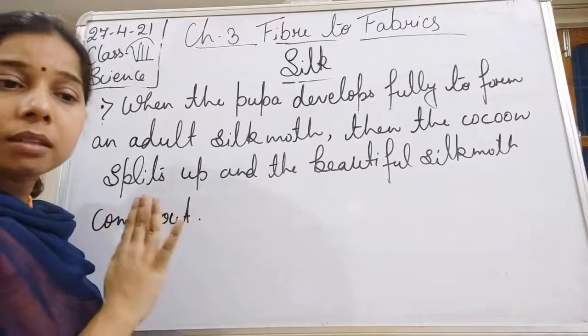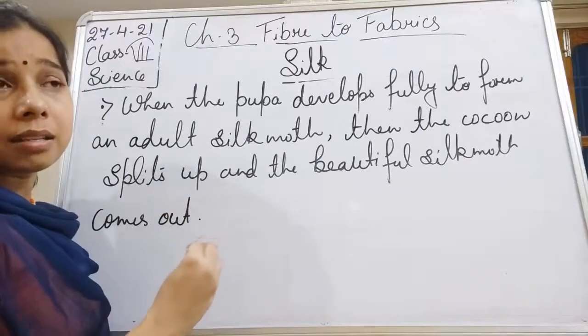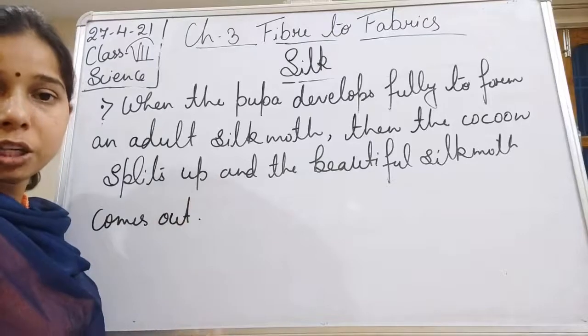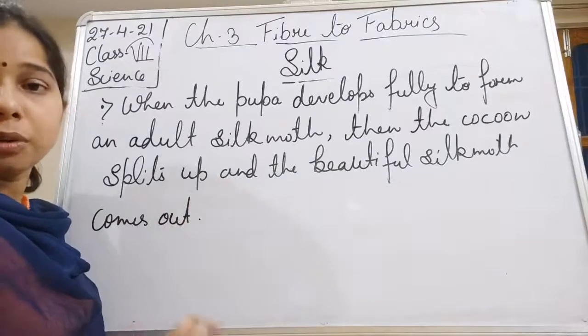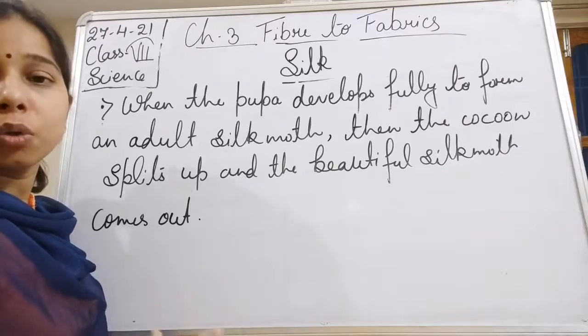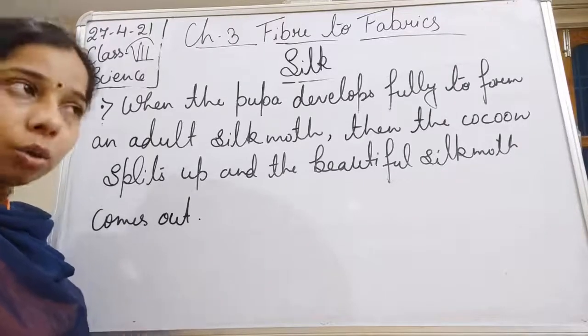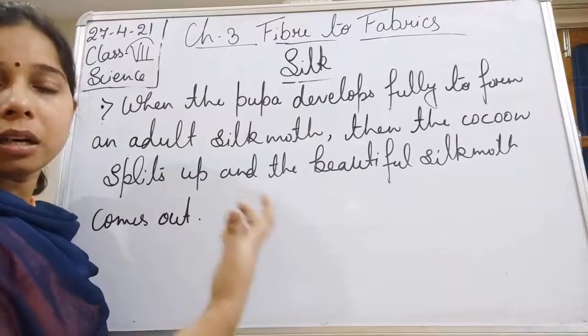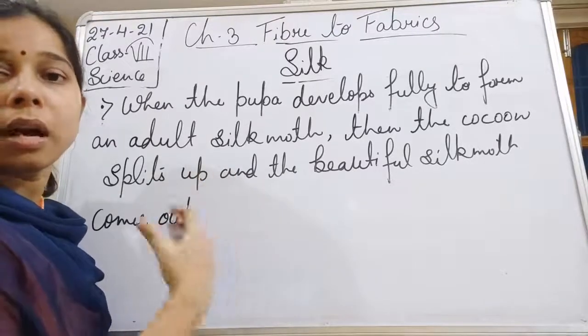So as soon as the formation of the cocoon ends, at that time we will kill it and obtain the cocoon from it. Although some of the silk moths we will leave so that we can get the cocoon again.